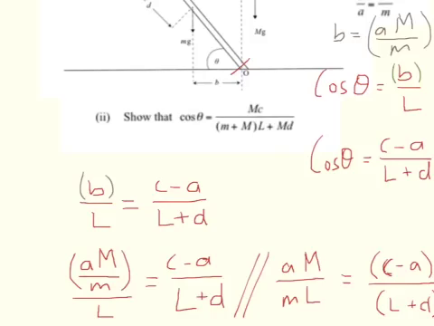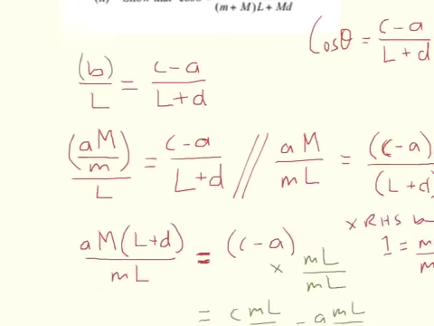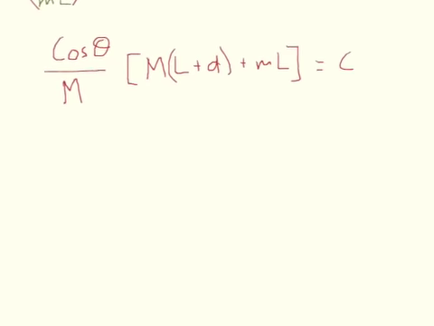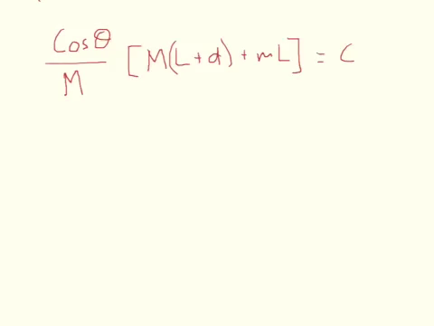So take a quick note, it's M times C over M plus m, small m plus big M, times L plus MD. So we need to do a little bit of rearranging to get to that, and I'll just relatively speedily go through with that now.